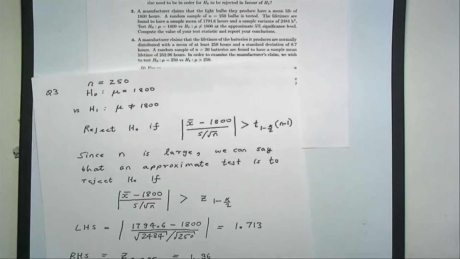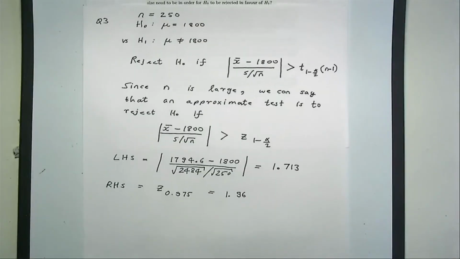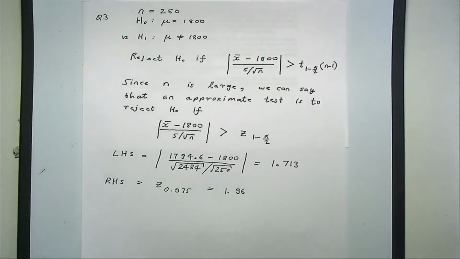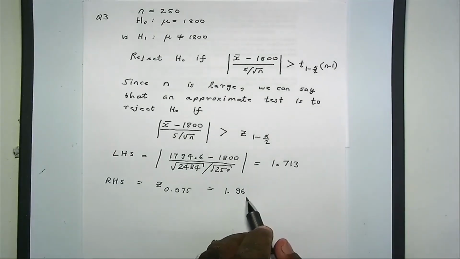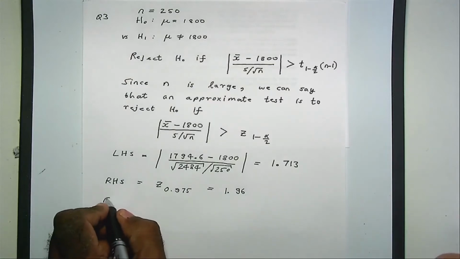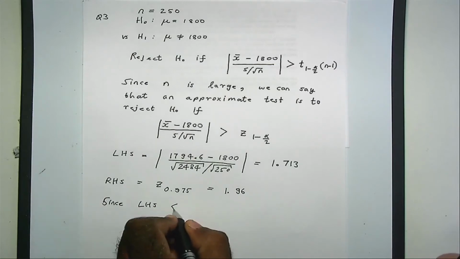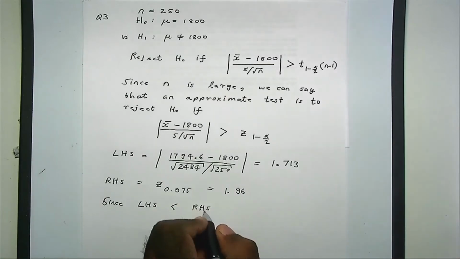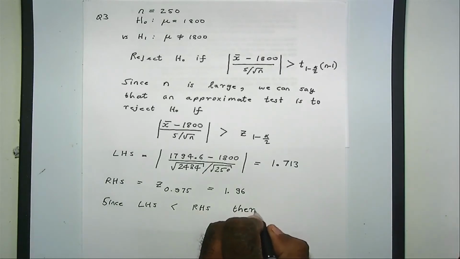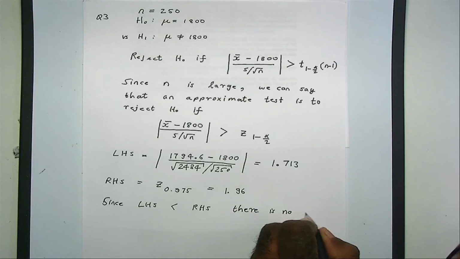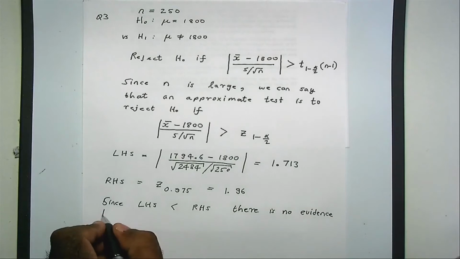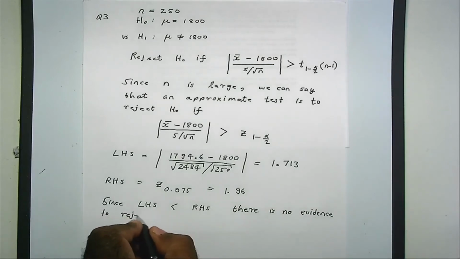So the conclusion is that since this is not greater than this, since the left-hand side is less than the right-hand side, there is no evidence to reject the null hypothesis.